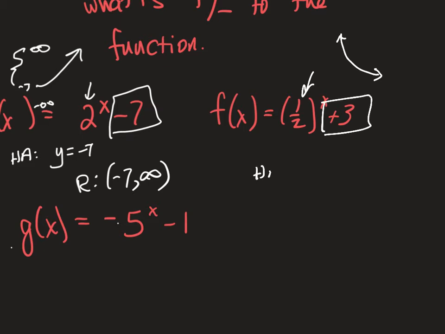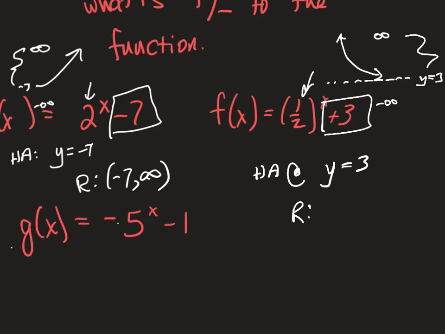My horizontal asymptote exists at? Perfect. Y equals 3. So think about this. This line right here is y equals 3. So is my range from negative infinity to 3 or from 3 to infinity? Where does my function exist? Right here, right? So your range would be from 3 to infinity.